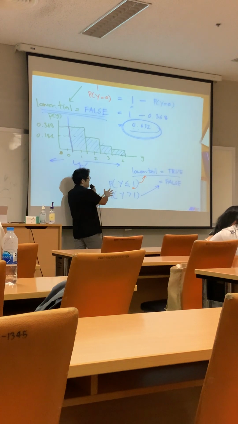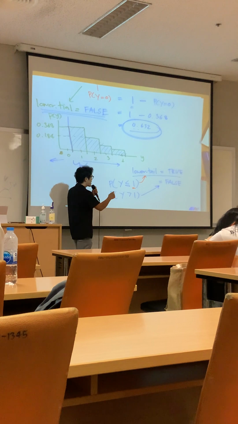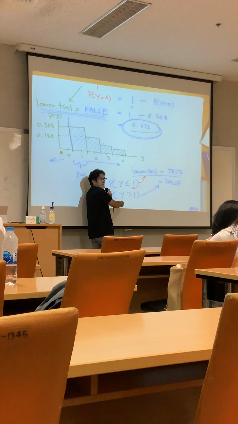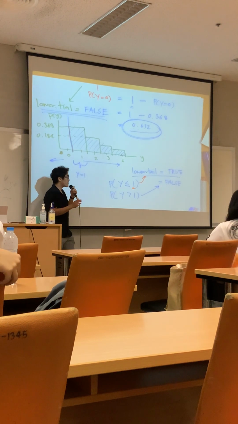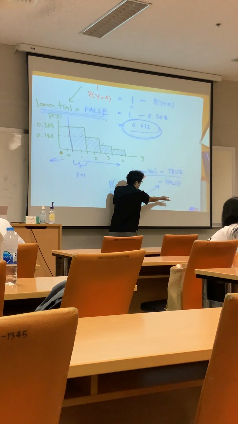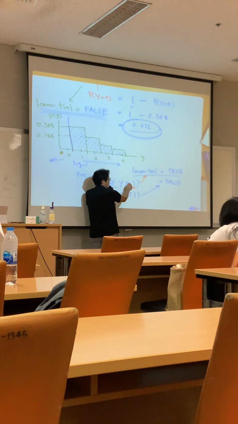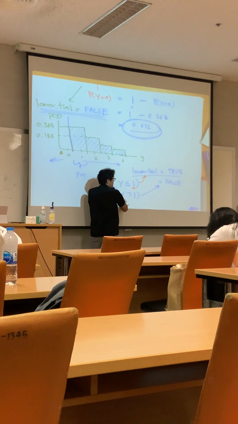So you can see that the probability of y equal to 1 is included in the lower tail, not the upper tail. This is how R is set, because when you switch from lower tail to upper tail, we want the sum of the two to be 1, because that includes all possible outcomes.